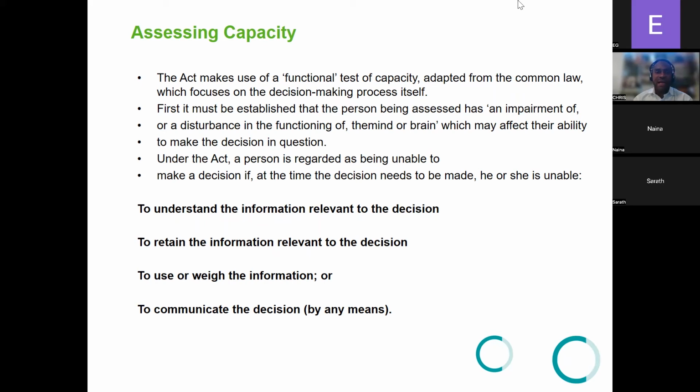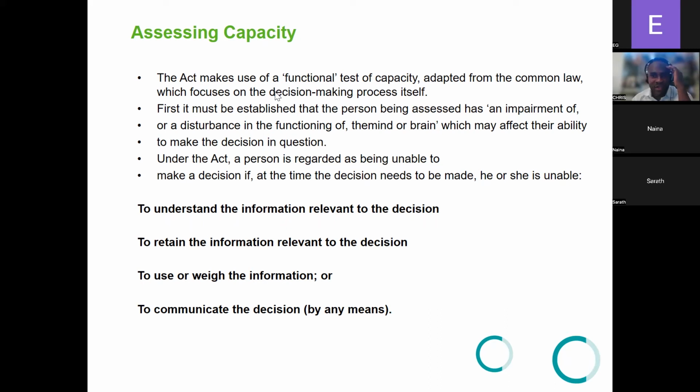So how do we assess capacity? So this is mental capacity. We are saying that the individual doesn't have the capacity to make a decision or to make choices. And so support has to be sought for them in making the decisions and the choices. So how do we assess capacity? The Mental Capacity Act 2005 makes use of a functional test of capacity.